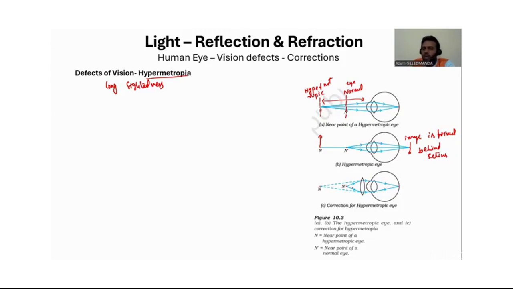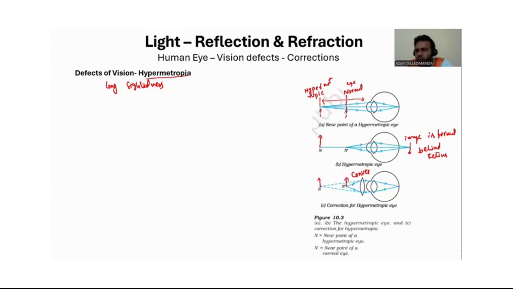Okay, now we know there is a problem. So how to correct that? With the evolution of technology, this defect can be corrected using a convex lens. Short-sightedness can be corrected using a concave lens, while hypermetropia can be corrected using a convex lens. So how to do that? Let's say I am able to see the object from here, but not the object from here.